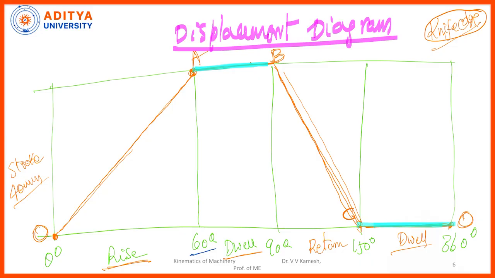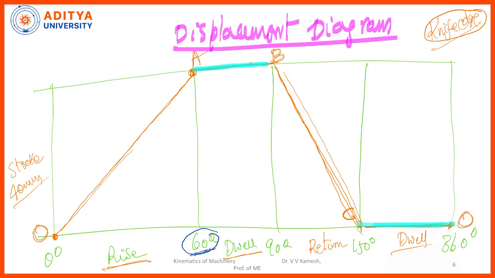So, here it is 60 degrees, right. So, I can divide the 6 equal parts, I can divide 10 equal parts, right. But I should not divide 8 equal parts. If there is any fraction, right, so I should not divide.